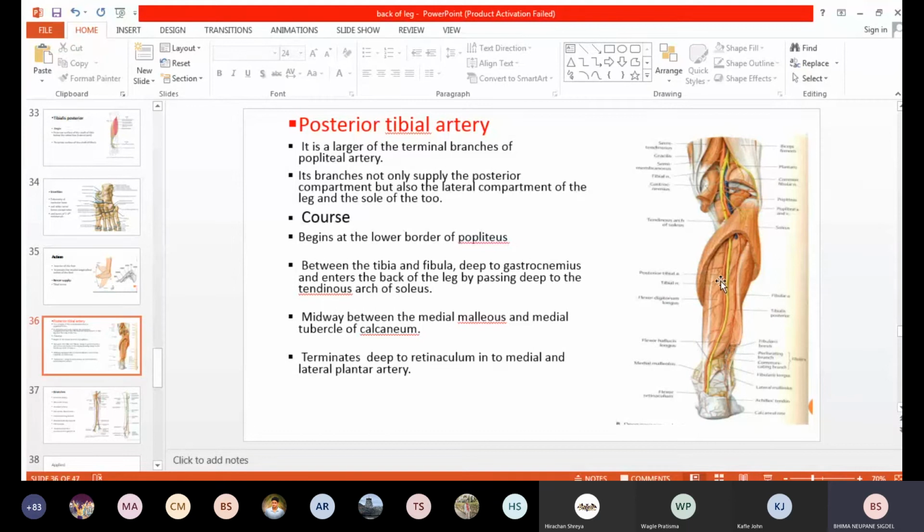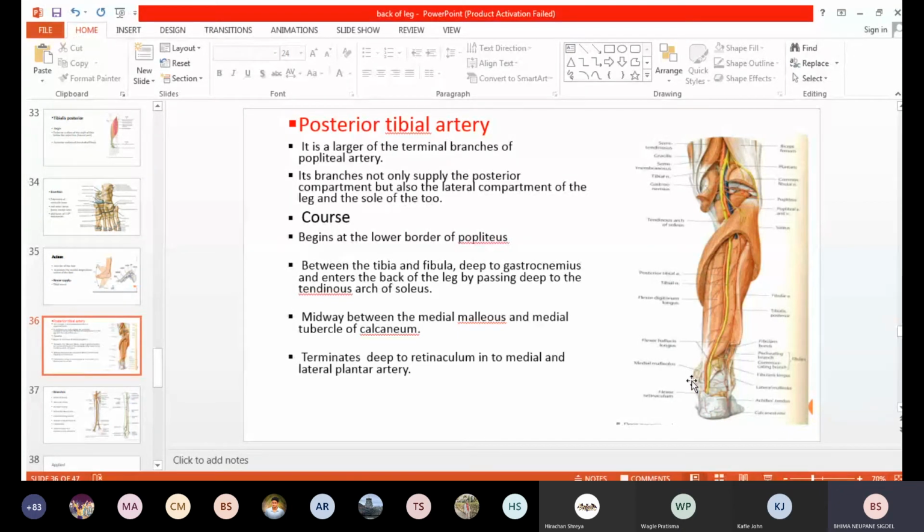It is going downward and somewhat medially. Here you can see it is lying laterally is the nerve and medially is the artery. In the lower part of the leg, it goes more posterior and to the medial aspect to reach the medial side of the ankle joint.